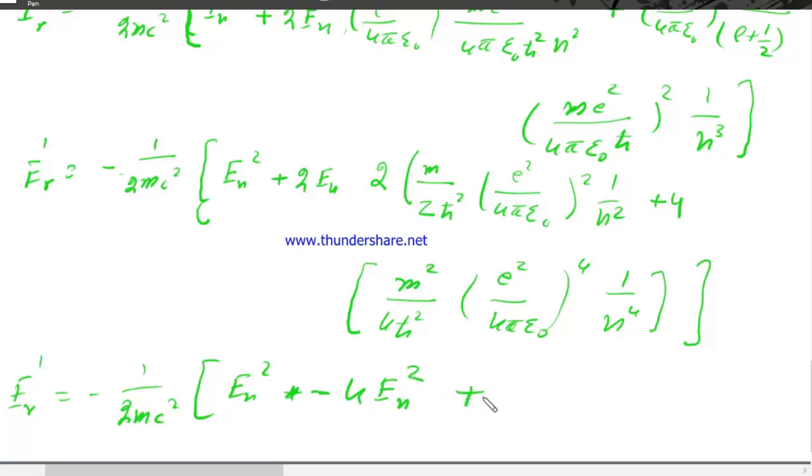Then plus 4, and here the squaring of energy to 2 times becomes positive.